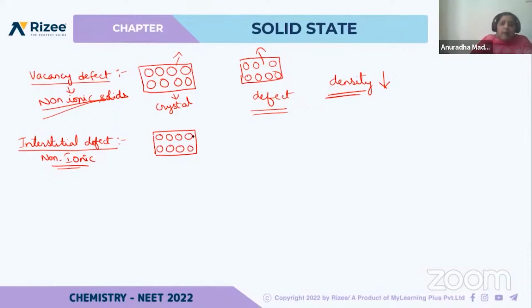When these particles undergo some rearrangement and occupy the interstitial positions, meaning internal rearrangement, then that sort of defect is known as interstitial defect.